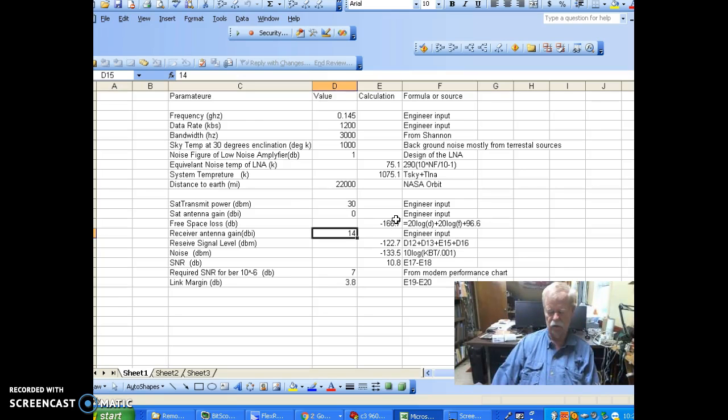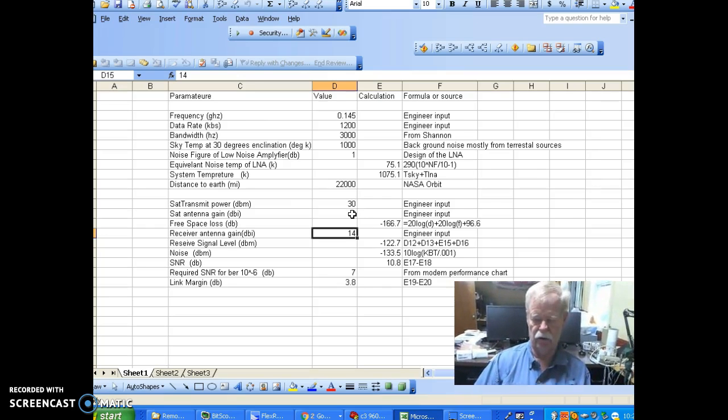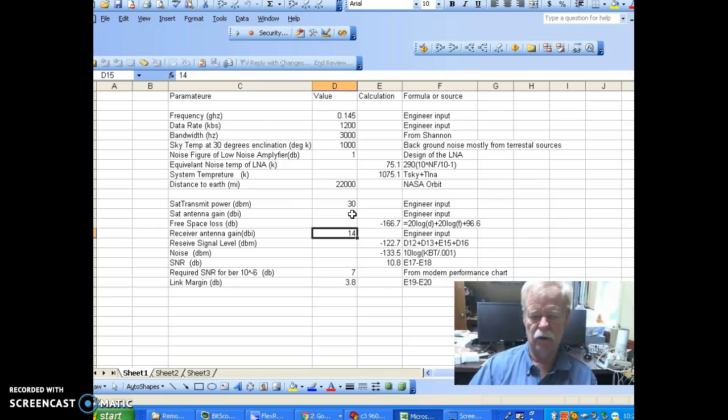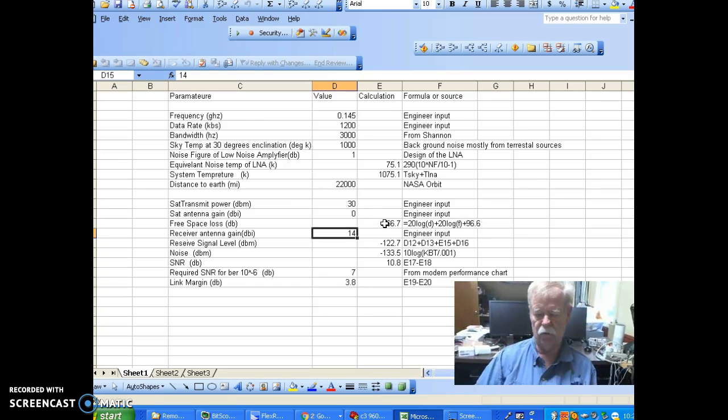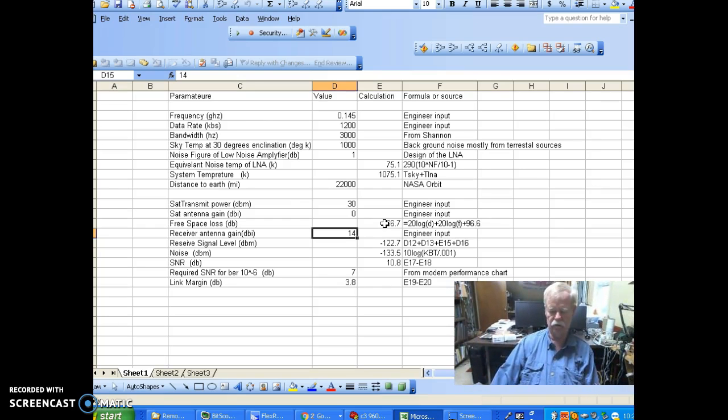So now we can calculate how much signal we have when we point an antenna at our satellite. We start out with 30 dBm or 1 watt. Our antenna doesn't add or subtract any power, and we lose 166 dB traversing 22,000 miles.